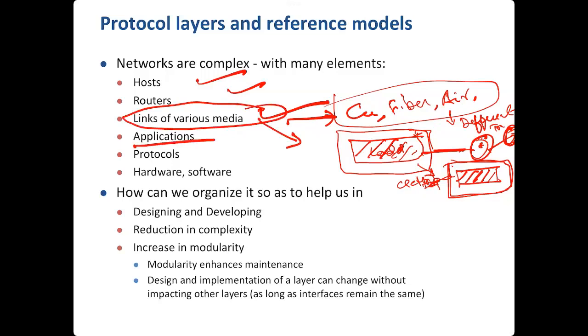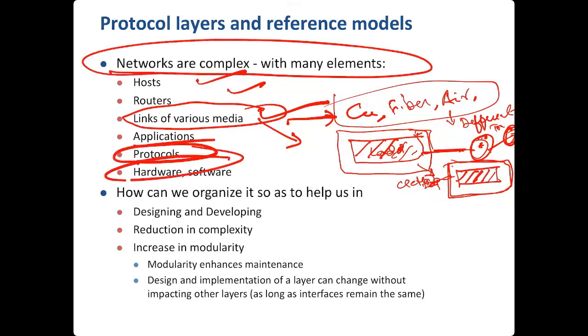and different applications run at the end. There are a good number of protocols, hardware, software. So networks in general are complex, and we have to organize them in such a way that it reduces complexity, is easy to design and develop, and increases modularity.